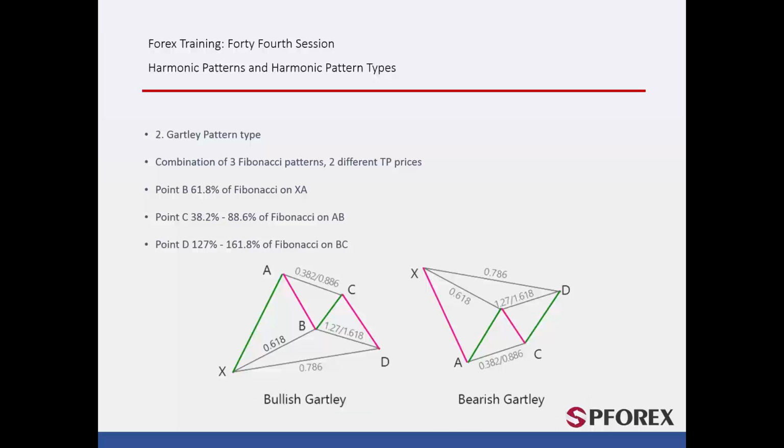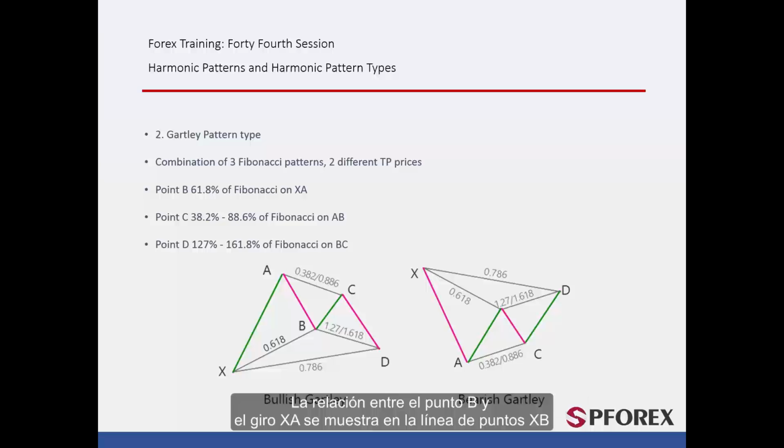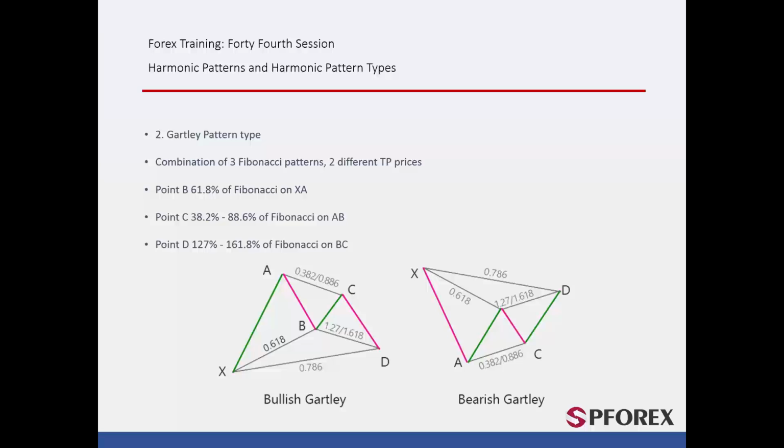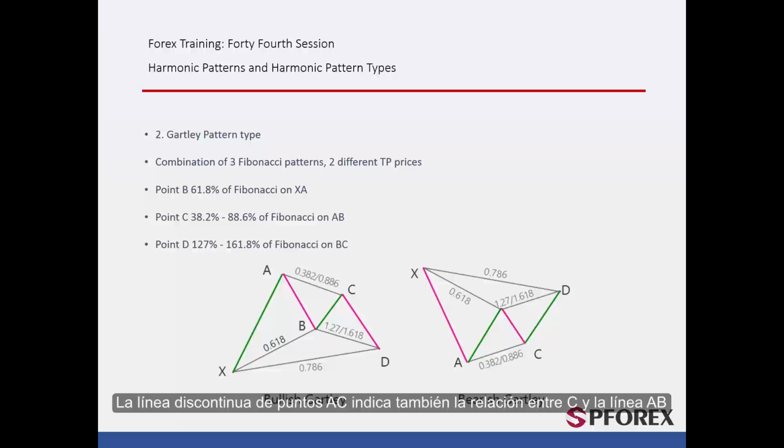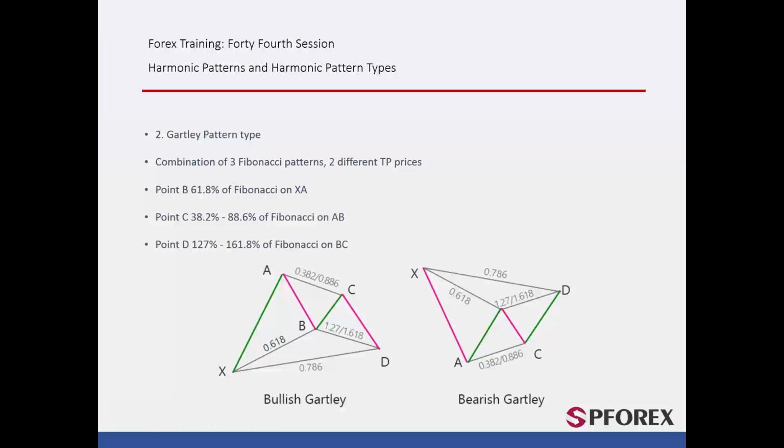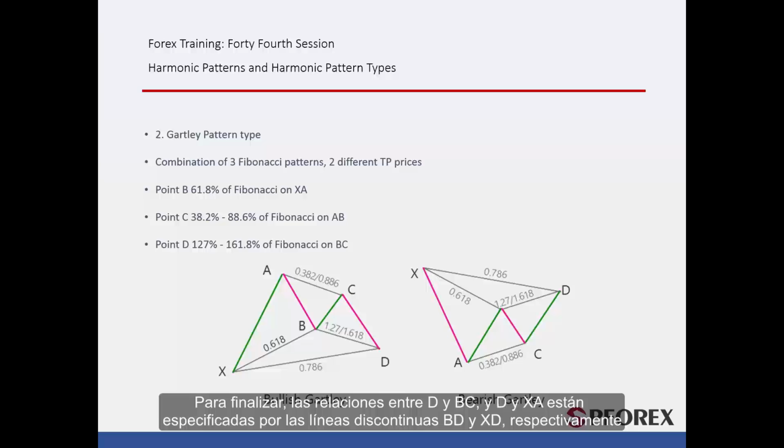The relation between the point B and the XA swing is shown on the dashed line XB. Also, the relation between C and the AB line is indicated by the dashed line AC. Finally, the relations between D and BC and D and XA are specified by the dashed lines BD and XD respectively.